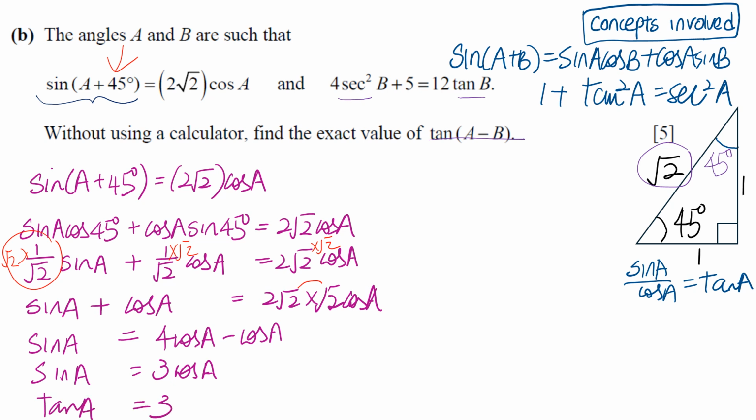All right, so I found the value for tangent A, and I'm not done yet because I still need to know the value for tangent B, right? And where do you think I can get the value? Yes, of course, I can only get it from the second equation.